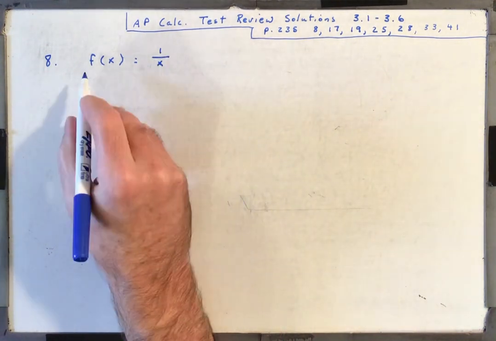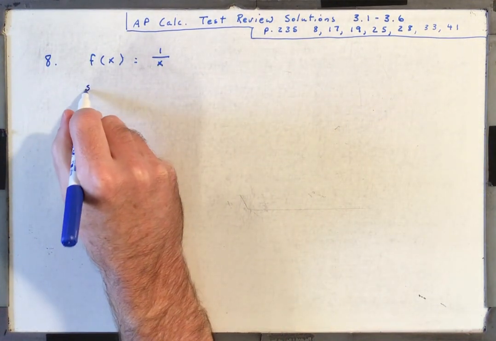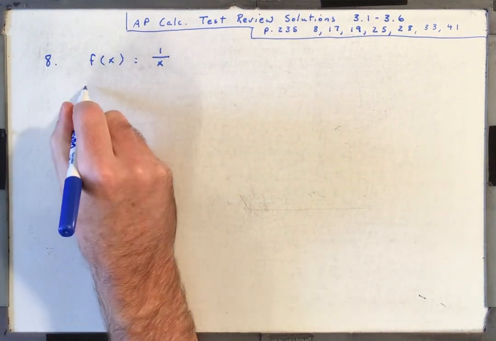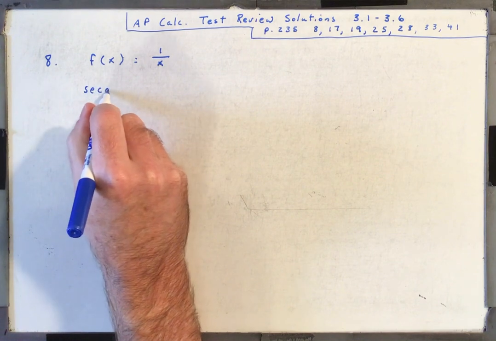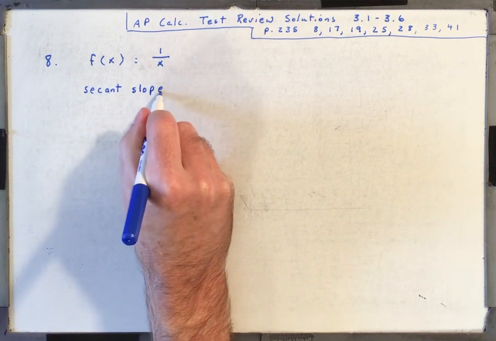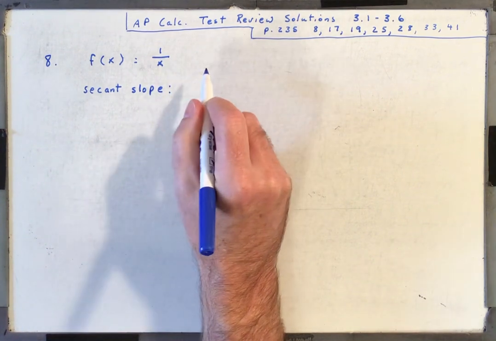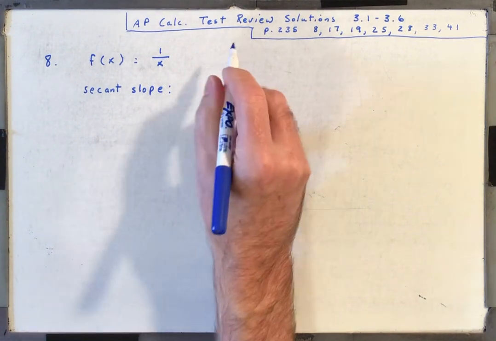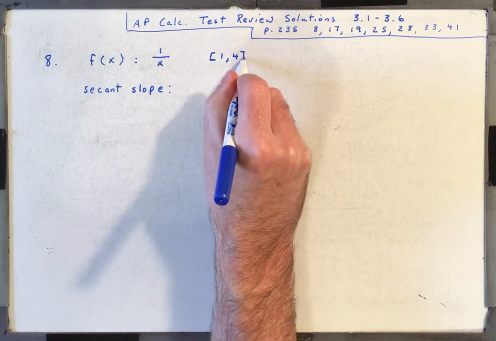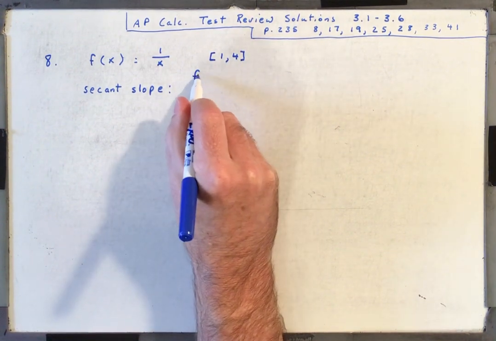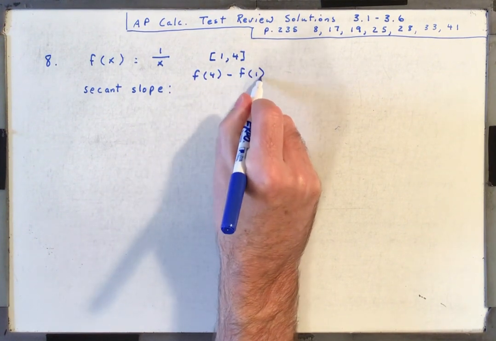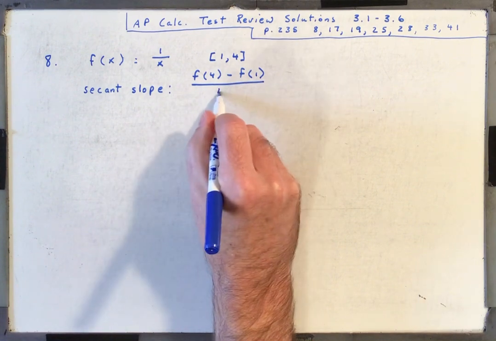Okay, so we're going to first find the slope, and this would be the secant slope of the secant line. So, and our interval here is 1 to 4. So that would be f of 4 minus f of 1 over 4 minus 1.